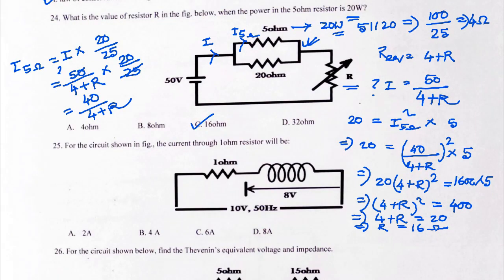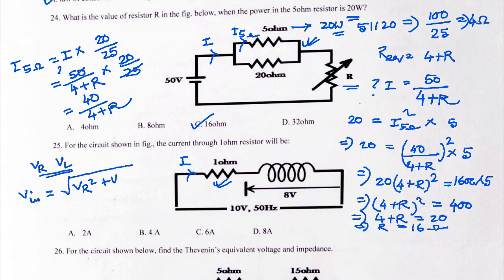Now question number 25. Here you have to find out what is the current through this resistor. Let us take this I, and here this voltage is given to be 8 volt, which is the voltage across the inductor. If we take the voltage across resistor as VR and voltage across inductor as VL, then the input voltage is basically root over of VR square plus VL square.